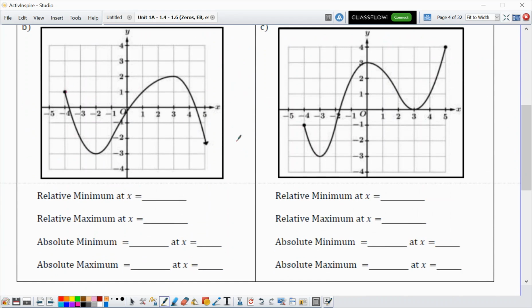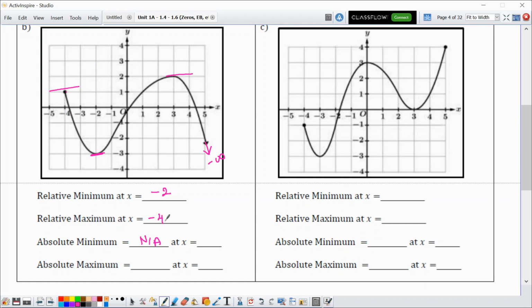First of all, check the dot and the arrow. The arrow means it goes to negative infinity, which means it does not have any minimum. Then this is a relative minimum, which is at x equal to negative 2. For the relative maximum, we have two maximums.